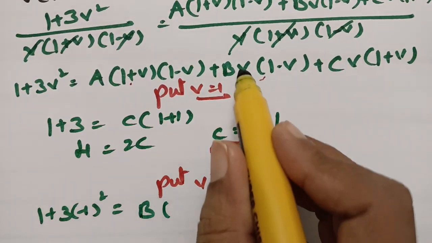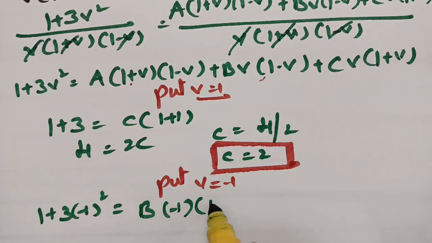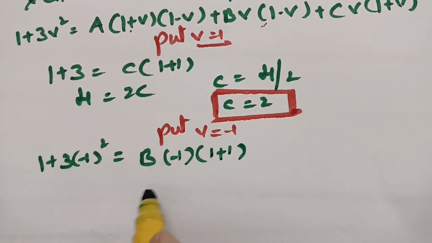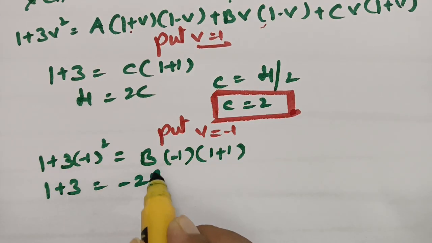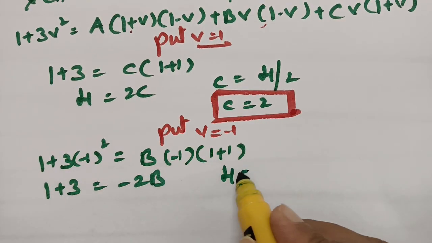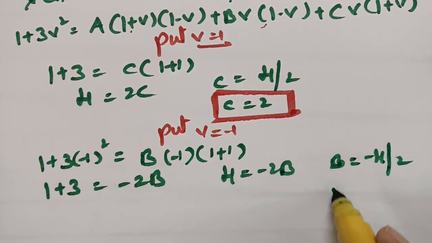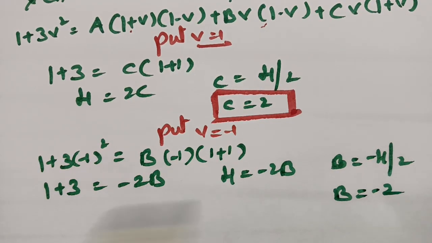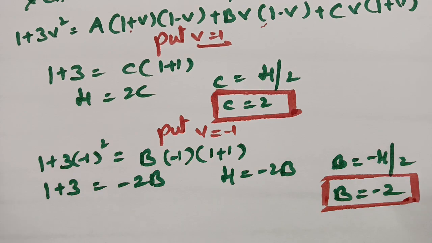In place of v I am writing minus 1, so this is minus of minus, plus 1. So here 1 plus 3 is equal to minus 2b, 4 is equal to minus 2b, and b is equal to minus 4 by 2, and the b value is minus 2.